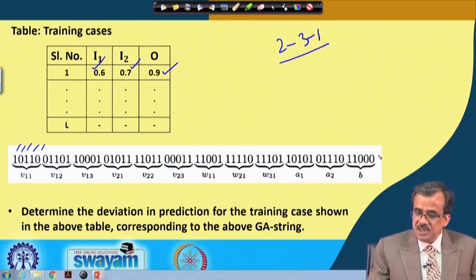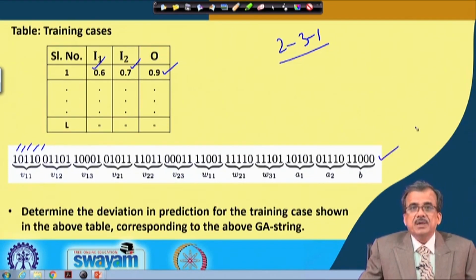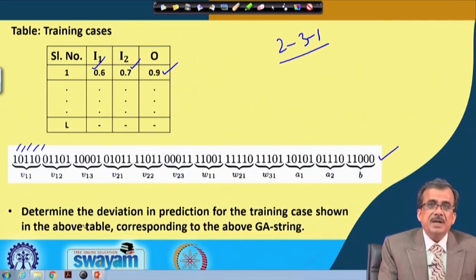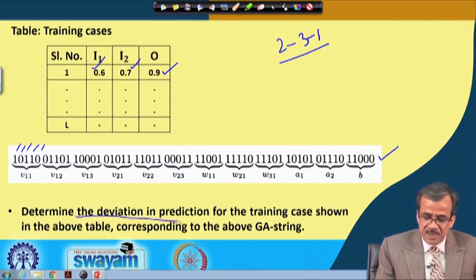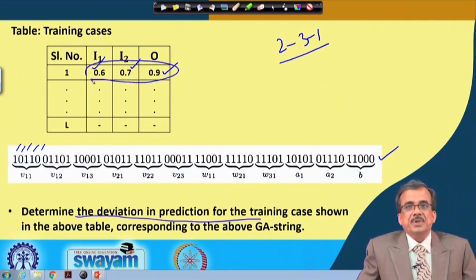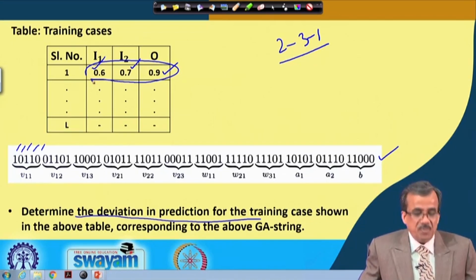So, this particular GA string is going to carry the whole information of a fixed architecture, that is the 2, 3, 1 neural network. And as I told, our aim is to determine the deviation in prediction for this particular training scenario. Now, let us see how to find out.